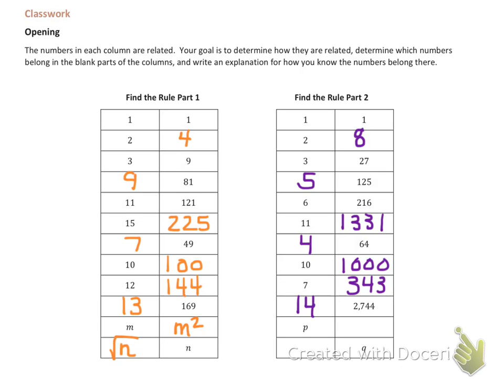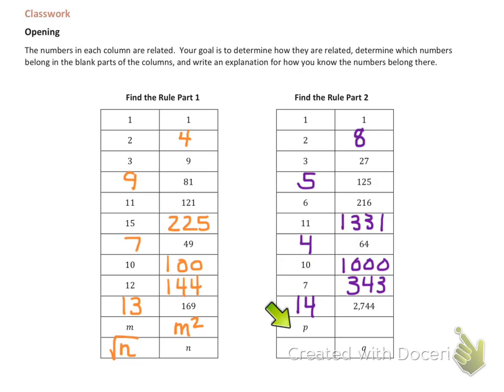So 2 times 2 times 2 is 8. 1 times 1 times 1 is 1 also. 3 times 3 times 3, or 3 cubed, is 27, and so on. So that's going to work for all of these. Notice they're getting big really quickly with the cubing.